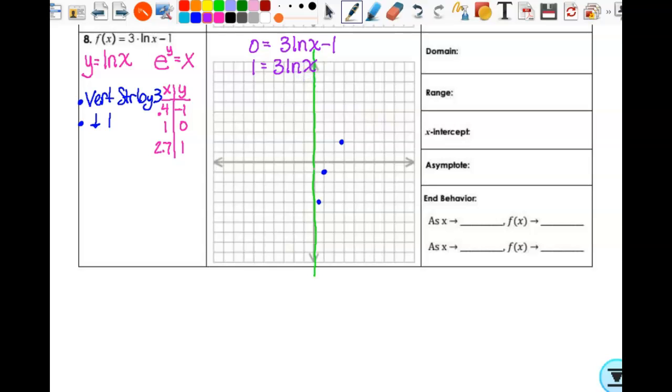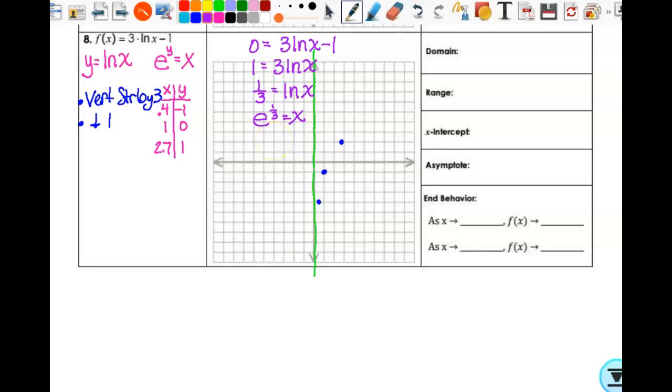Again, that could become an exponent, but I can also just divide by 3. So I get 1/3, and that's equal to the natural log of x. Now that I have the log by itself, I can rewrite it. The base is e, so that gives me e to the 1/3 power equals x.